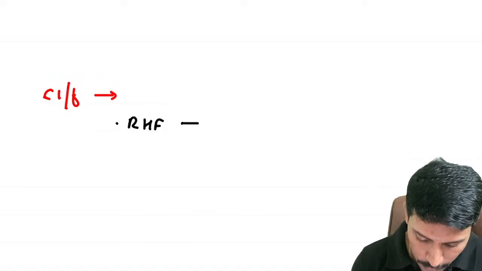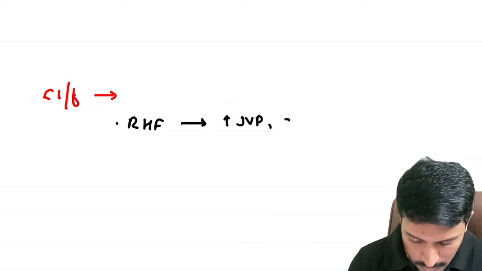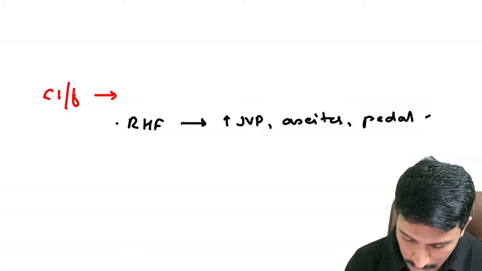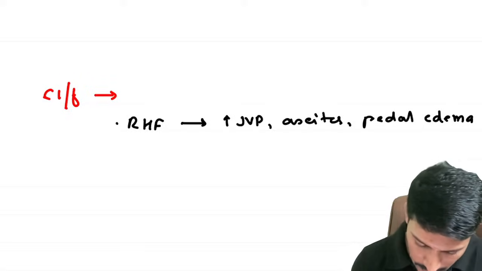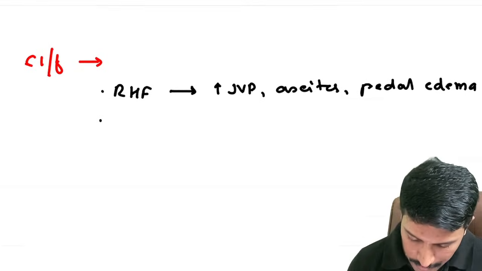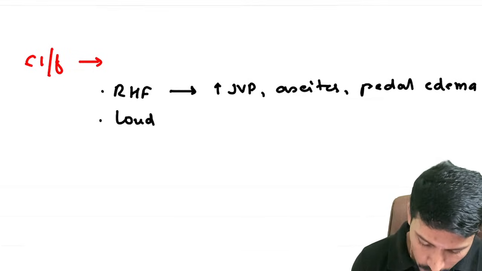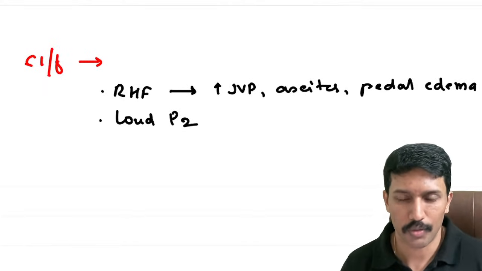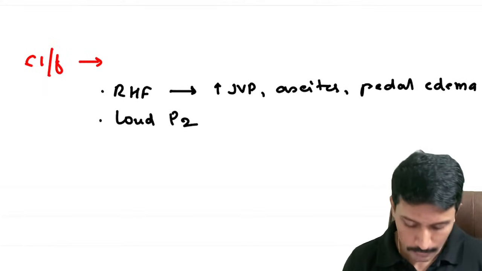And once there is right heart failure, you will have raised JVP, ascites, and pedal edema. Second, pulmonary hypertension often has a loud P2 on auscultation. P2 becomes loud because the pulmonary artery pressure is high.